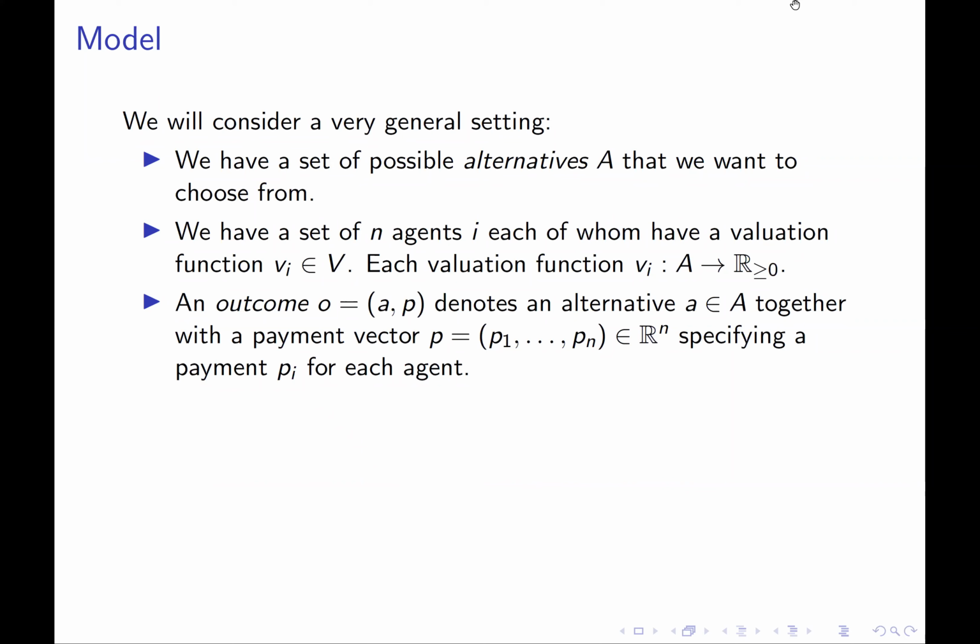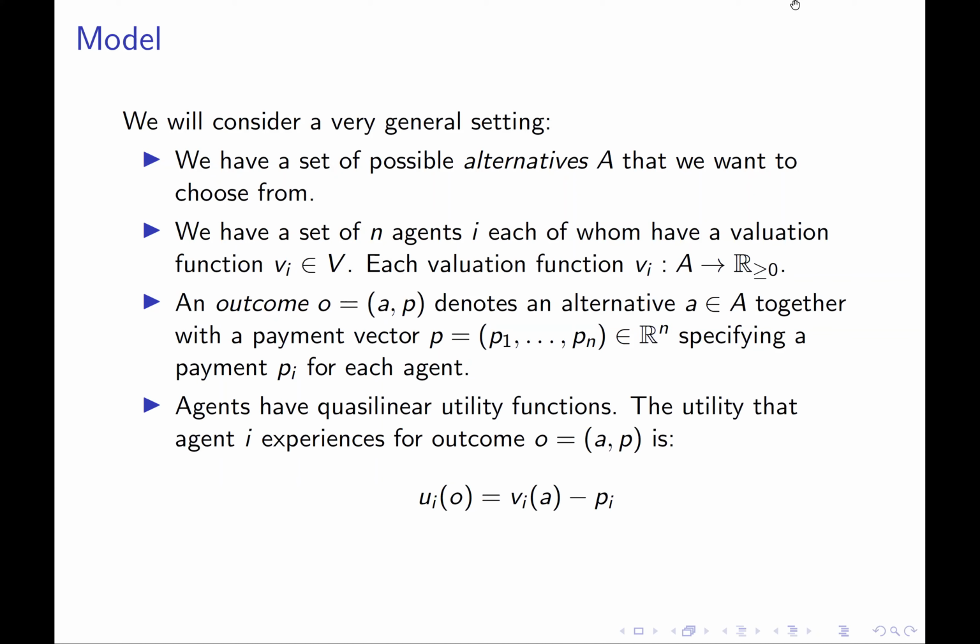And a payment vector is just n numbers, one for each of the n agents, specifying for each agent i how much they have to pay to the mechanism. Okay, and potentially these numbers could be negative. So a positive number, if p_i is 2, that means agent i has to pay me, the mechanism, $2. But if p_i is negative 2, that means that I, the mechanism, have to pay agent i $2.